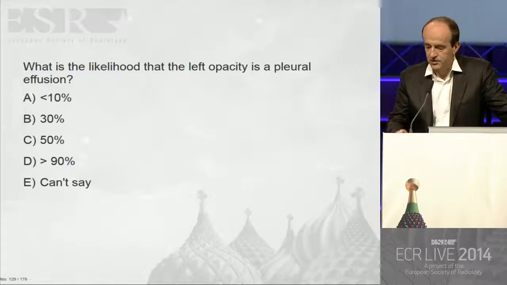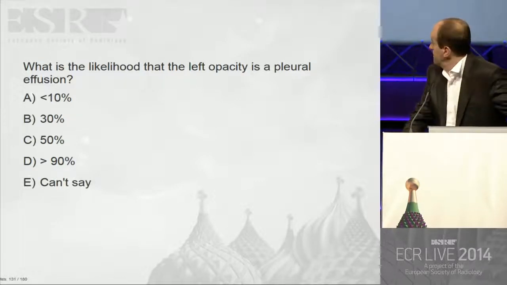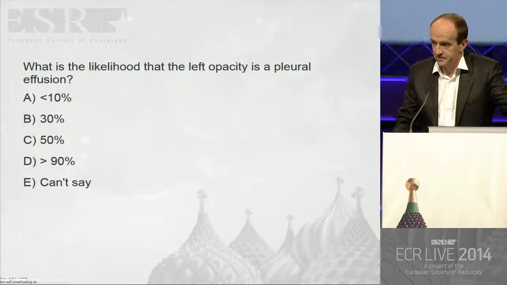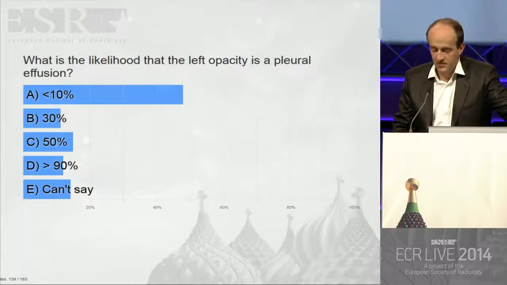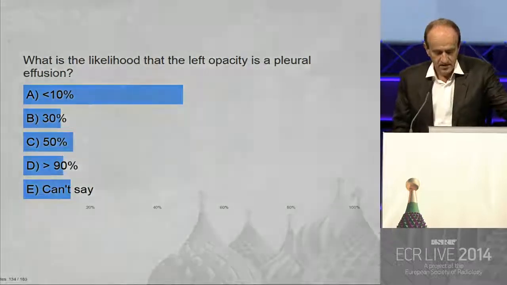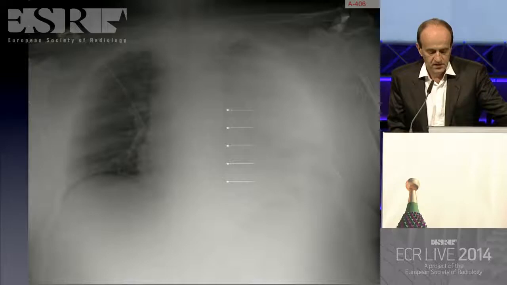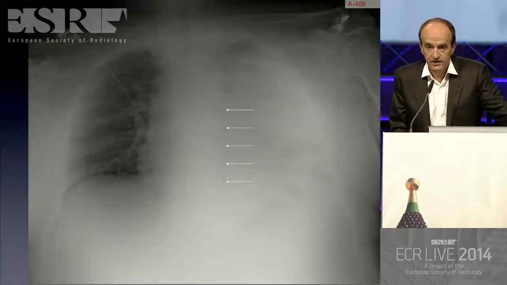This radiograph was not interpreted by a radiologist until the next morning. Can we see the results? Good. Less than 10%. First, we do see the descending aorta.